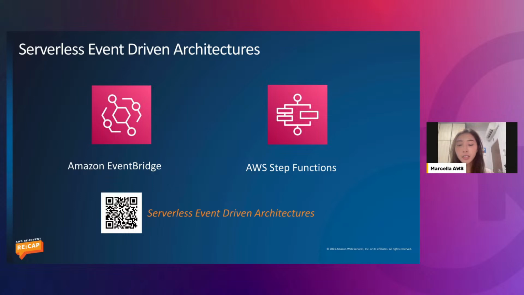What it means is stitching together a lot of decoupled microservices into functional business logic. EventBridge is often used for choreographing sagas, and AWS Step Functions are used for orchestrating these sagas. To learn more about building saga patterns using AWS services, you can check out this video by scanning this QR code above.